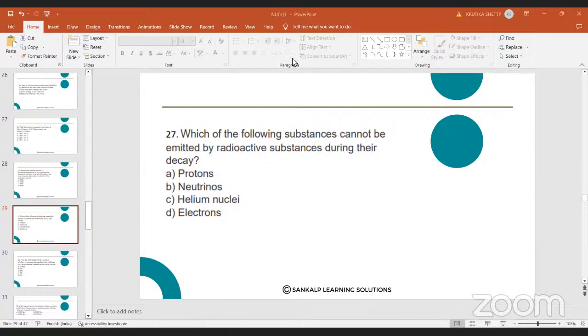So in the radioactive decay process, you have already alpha, beta, gamma decays. In that process, check whether protons are released, neutrons, helium. Correct student. Protons, neutrons will be released. It is option A.